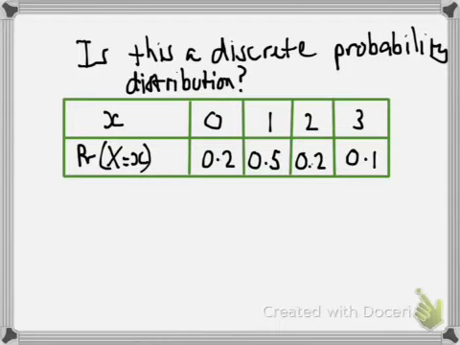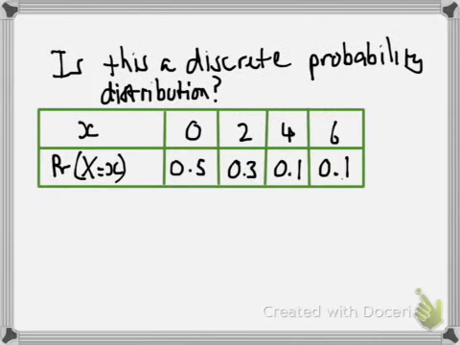Does it meet those 2 criteria? Yes, it does. All the probabilities are between 0 and 1: 0.2, 0.5, 0.2, 0.1. And if you add those together, they add up to 1.0. So yes. I won't write it down because I've said it on the recording here, but it meets those 2 criteria.